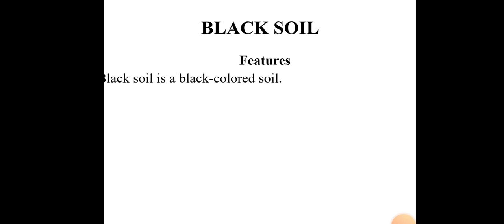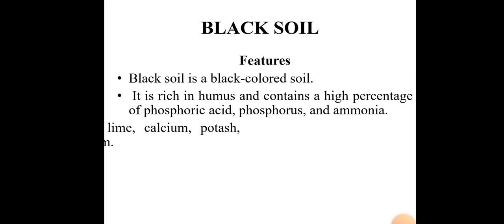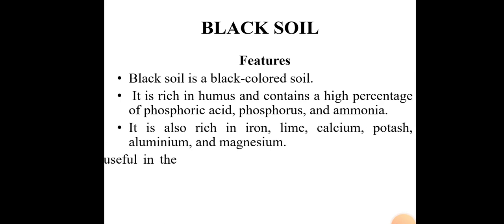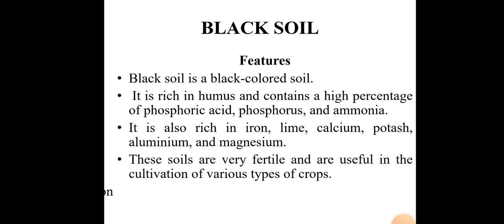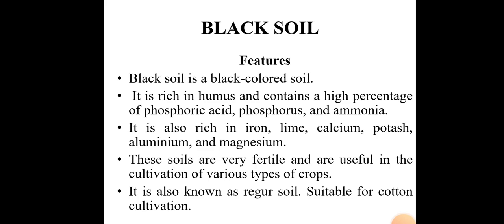The next is black soil. As the name suggests, the color of this soil is black. Like alluvial soil, it is rich in humus and contains a high percentage of phosphoric acid, phosphorus and ammonia, and is also rich in iron, lime, calcium, potash, aluminium and magnesium.